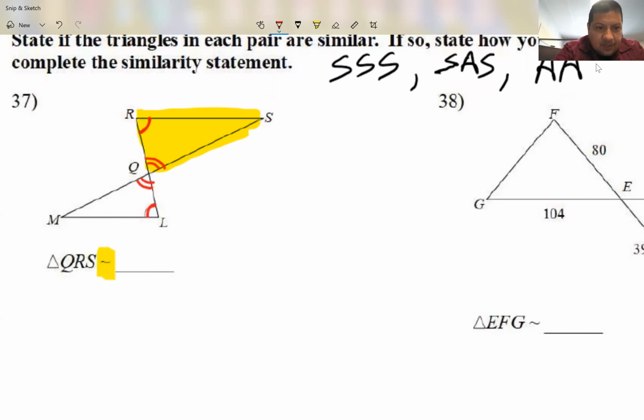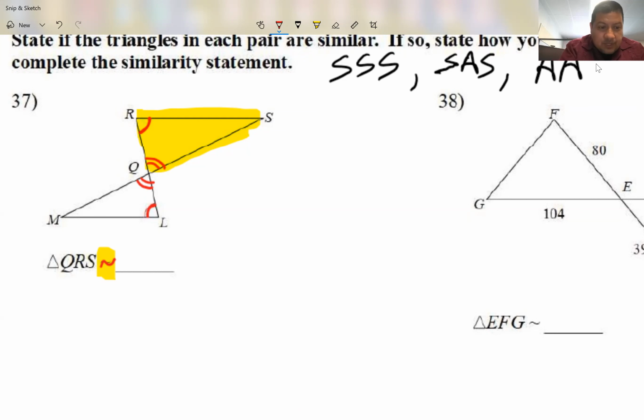QRS, if you notice, is my triangle that I highlighted in yellow. Angle Q from the top goes with angle Q from the bottom. Angle R, notice how angle R has one slash. Angle R goes with angle L. And then angle S goes with angle M.